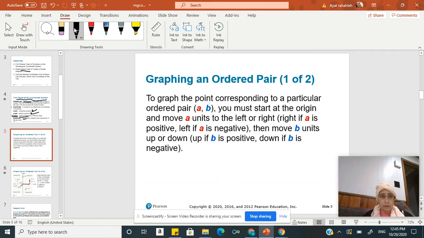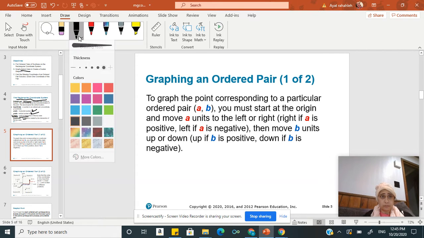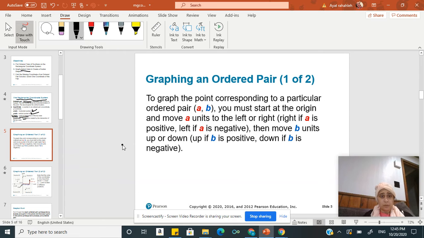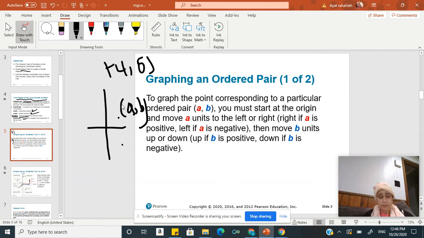When we have 2 points, let's say A and B, and it says move, +5 or +4 or whatever, however many units we're moving, we move left and right for A, and for B we move up and down, since A is related to the x-axis and B is related to the y-axis.